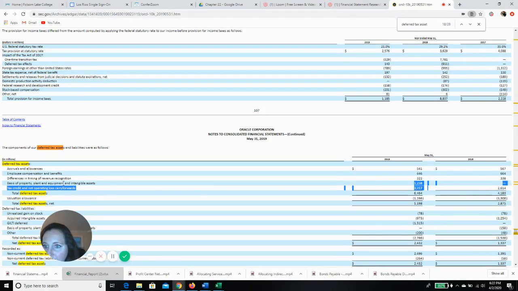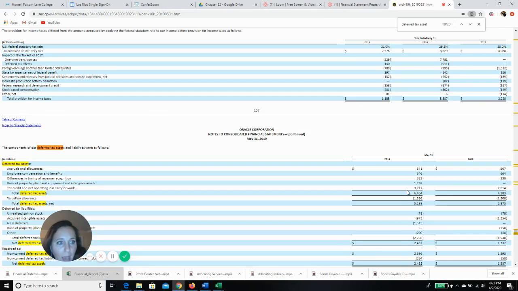So the first is basis of property, plant, and equipment and intangible assets, and tax credit and net operating loss carryforwards. And a net operating loss carryforward is basically if you have a loss one year, you can carry that forward and offset future income so that you don't have to pay taxes on future income.